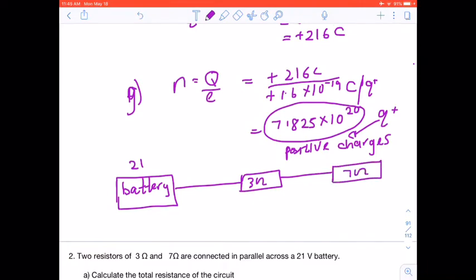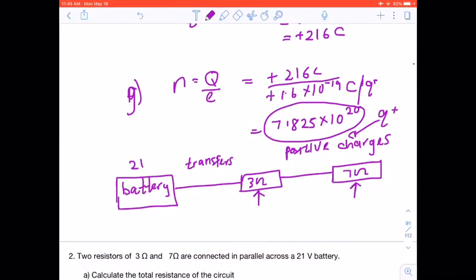So what happens? This battery transfers energy, and how does it transfer the energy? By doing work on the 3 ohm and the 7 ohm resistor. When it transfers energy, it loses that energy in the battery, and the 3 ohm gains that energy, and the 7 ohm gains that energy.